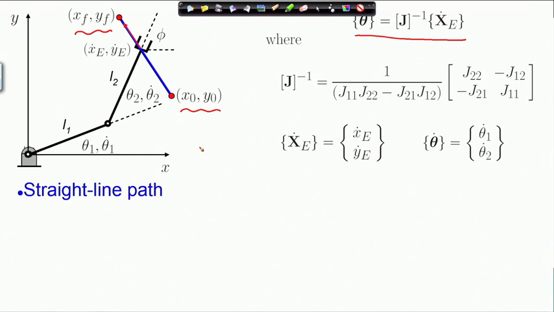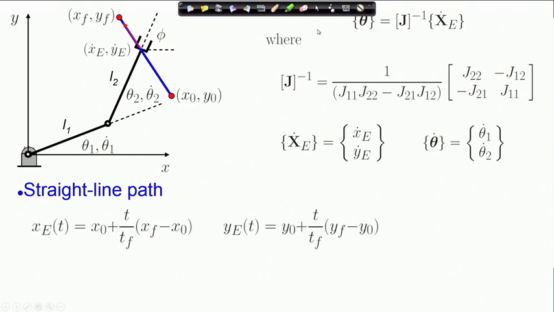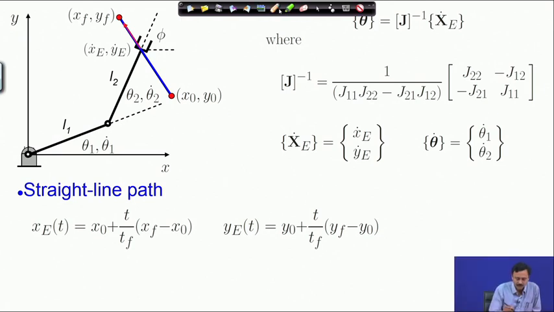So, let us look at this straight line path generation. First, we are going to represent the path. So, the first problem will be to represent the path. You can very easily represent this x e and y e at any point on the path as a function of time.